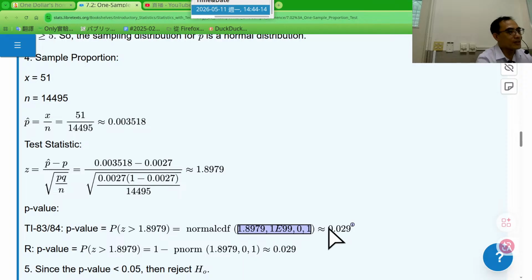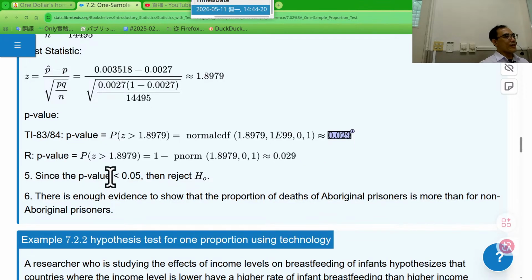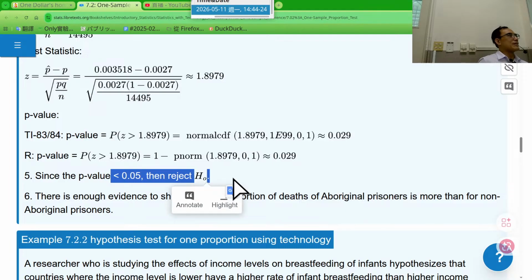What do you think about this number? This number is smaller than 0.05. Then reject the null hypothesis. So what is the null hypothesis? We just mentioned that the sample proportion of deaths is the same as the population.